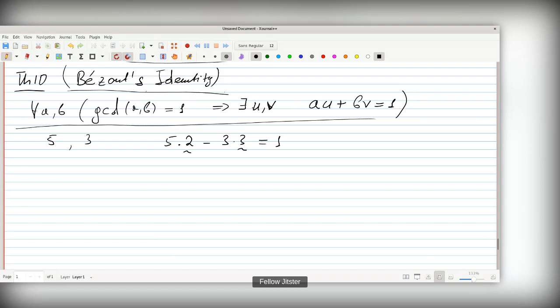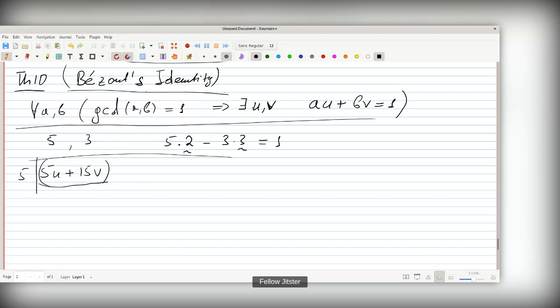But if they are not coprime, in general it is not possible. Why is it so? Say 5 and 15. 5u plus 15v is divisible by 5 for whatever u and v. So this number may not equal 1. But for coprime numbers, it is always possible to obtain 1.